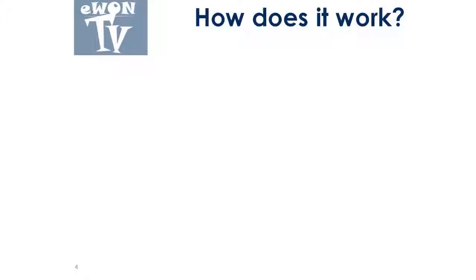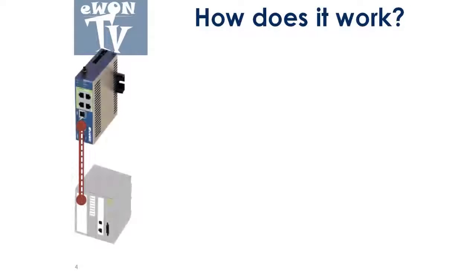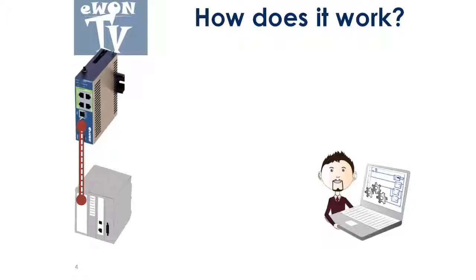Now, let's see an example of how this works. On the left-hand side, we have the eWON monitoring a machine in the field. On the right-hand side, Andy is in the office, working on his normal tasks. At this point, he has no link with the eWON.